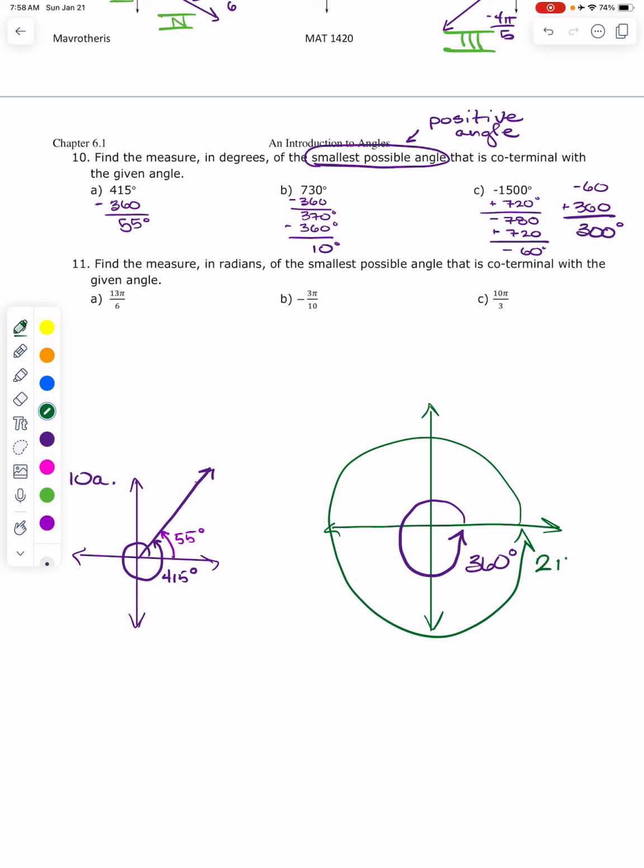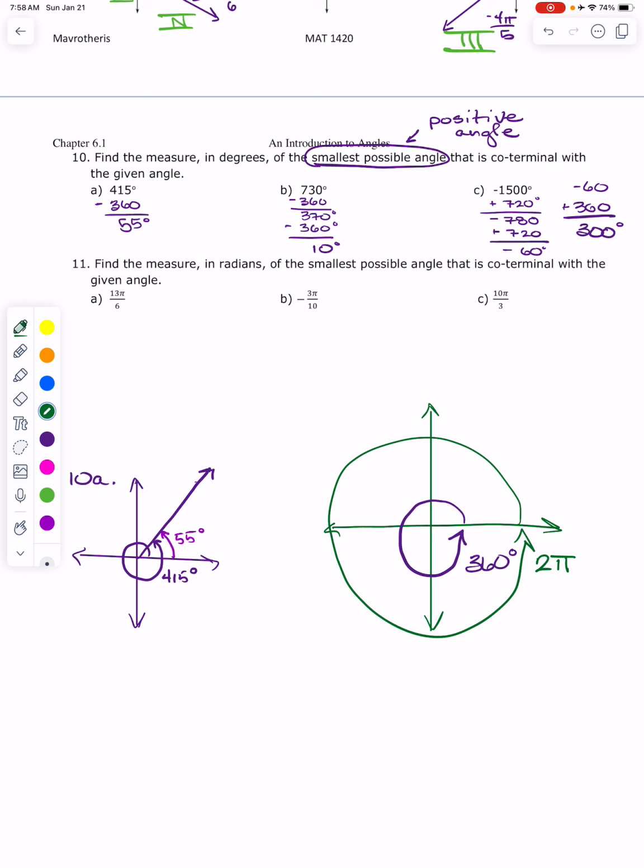So we're going to do the exact same thing, but instead of adding in degrees, we're going to add in radians or subtract. Okay, now 13 pi over 6 is bigger than 2 pi, right?